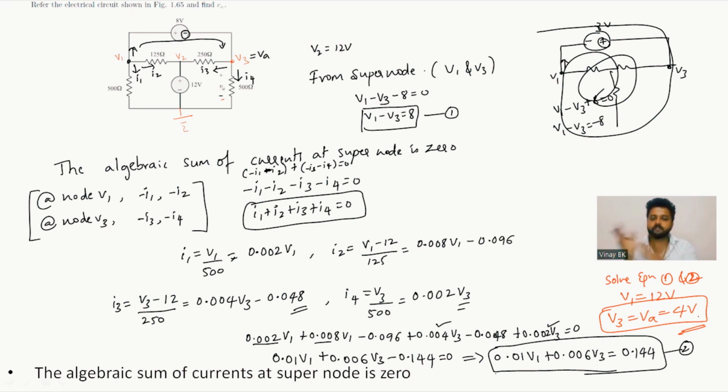I am sending everything to the right side so that I1 I2 I3 I4. After that, I write the I1, I2, I3, I4 equations by looking at the circuit in the form of V by R, that is tail end voltage minus arrow end voltage divided by resistor. So I1 is nothing but tail end voltage V1, arrow end voltage V reference, whose value is 0. So V1 divided by 500.